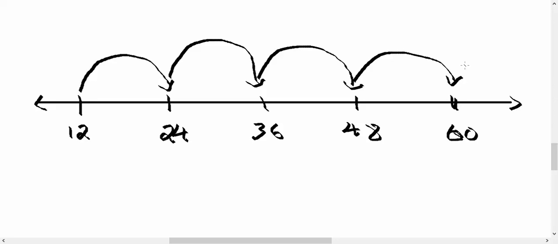And of course, the distance that we hop each time is going to be 12. So plus 12, plus 12, plus 12, and plus 12. So these are all the multiples of 12.